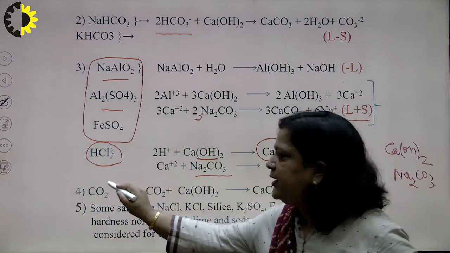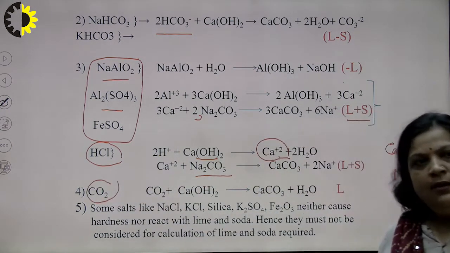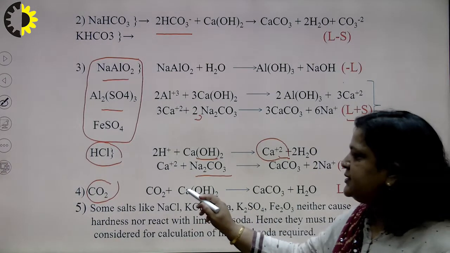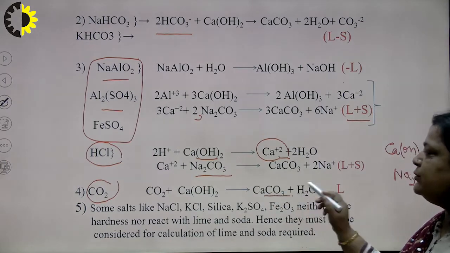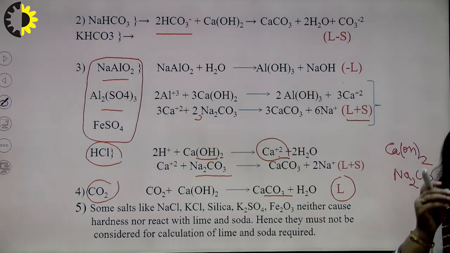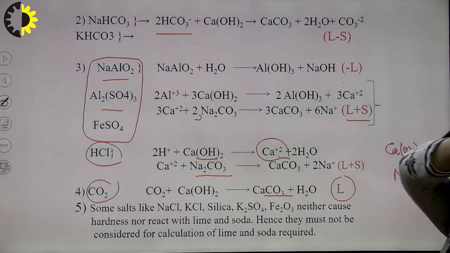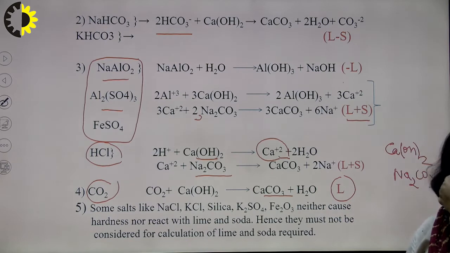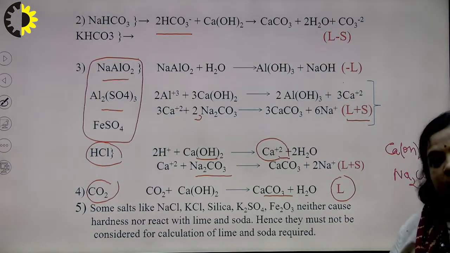And one another thing, if carbon dioxide is there, carbon dioxide means part of carbonate. So, CO2 plus Ca(OH)2 we get CaCO3, that is to remove carbon dioxide we require lime. And some salts like NaCl, KCl, K2SO4, they do not contribute in hardness.